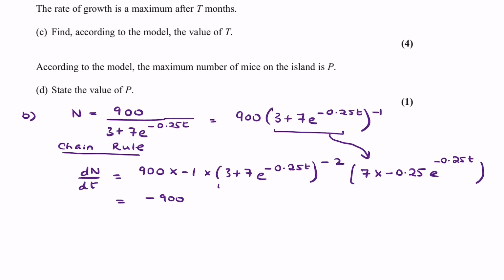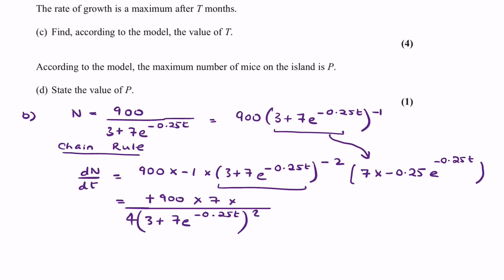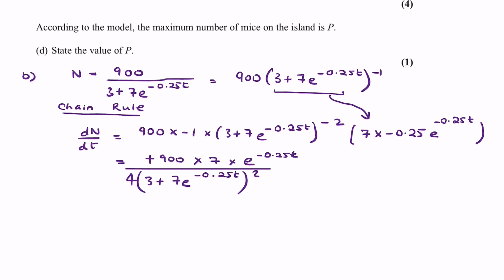I'm going to bring this bit down into the denominator, and that will be (3 plus 7e to the power of minus 0.25t) squared. Then the numerator: minus and minus makes a plus, so 900 times 7 times 0.25, which I can write as a quarter, so a 4 at the bottom, and then e to the power of minus 0.25t. That's basically as tidy as it will get for now.